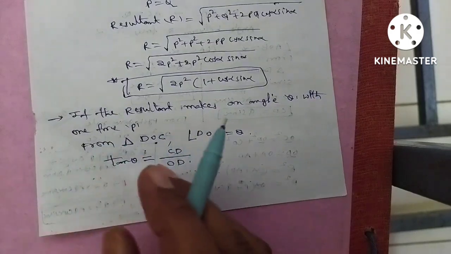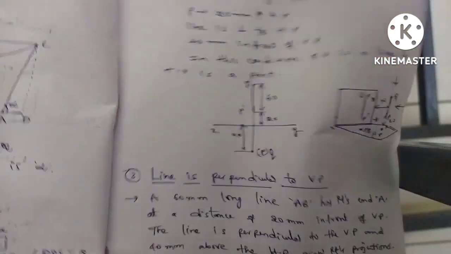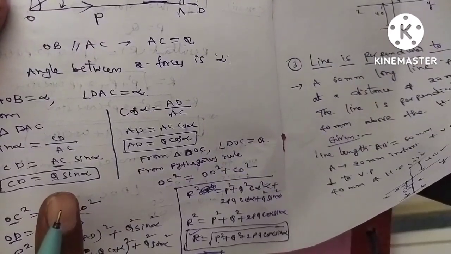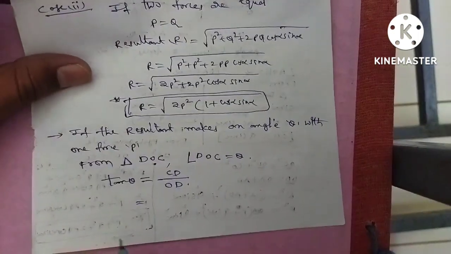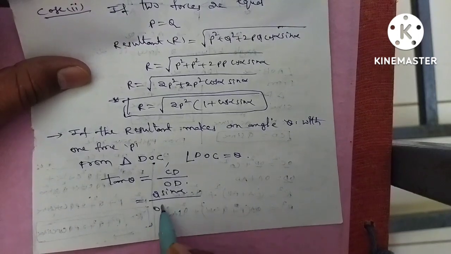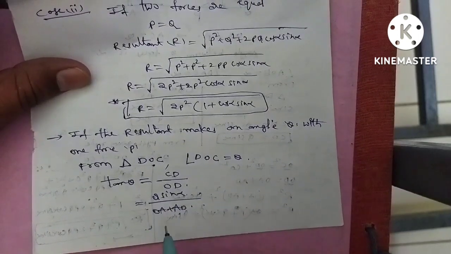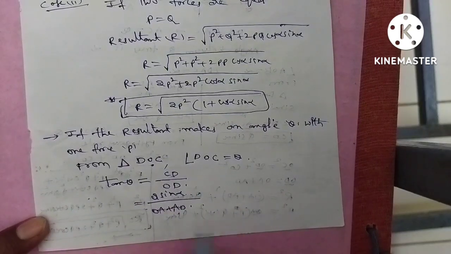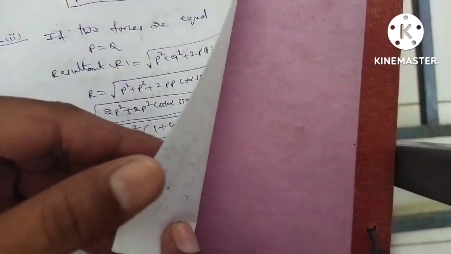From the triangle DOC, here we have already determined the CD value, Q sin alpha. OD is equal to OA plus AD. Already we have OA and AD.